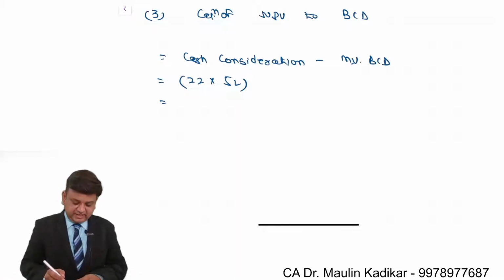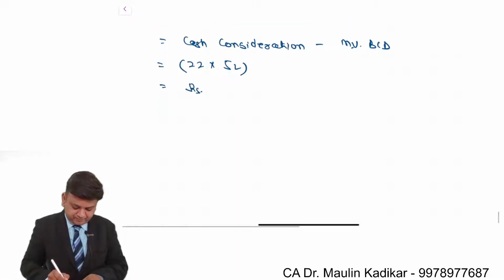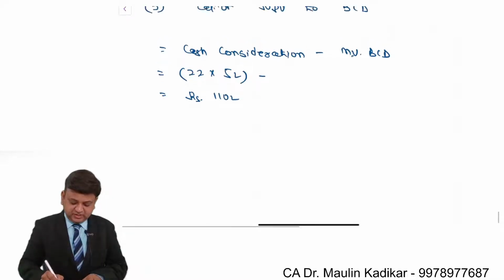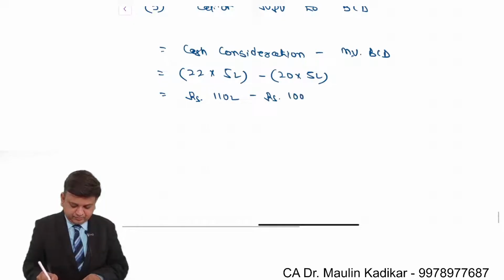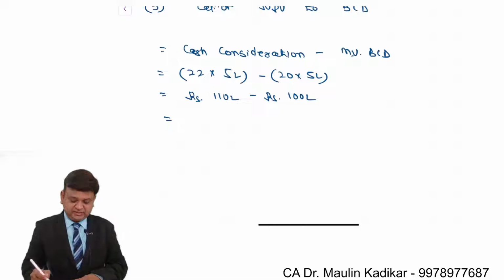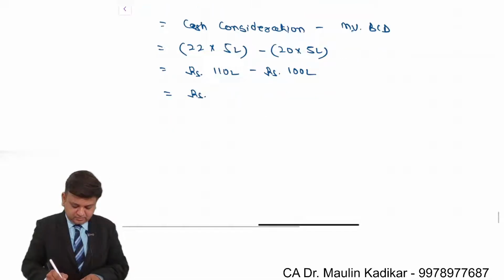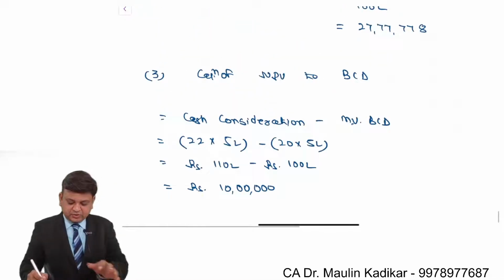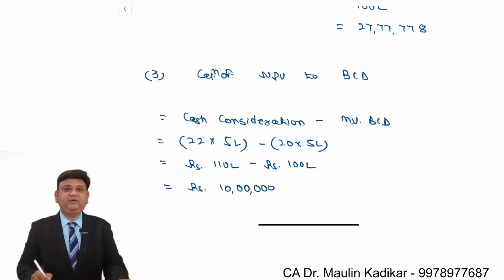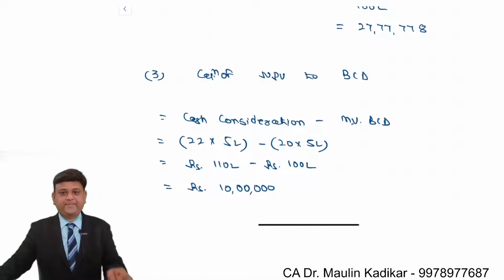So 110 lakhs minus market value of BCD Limited, 20 into 5 lakhs, that comes to 100 lakhs. So this is the NPV to BCD Limited, that is an amount of 10 lakhs.